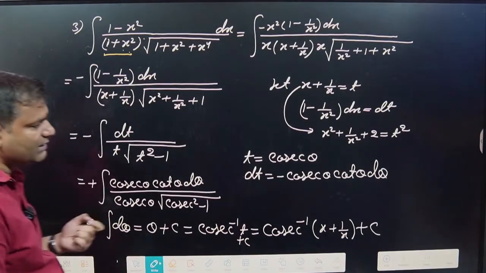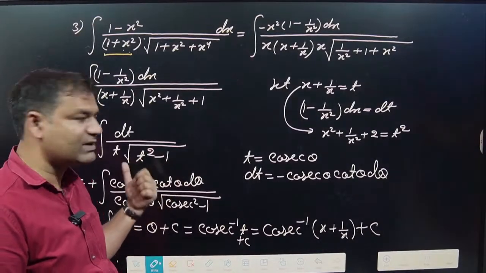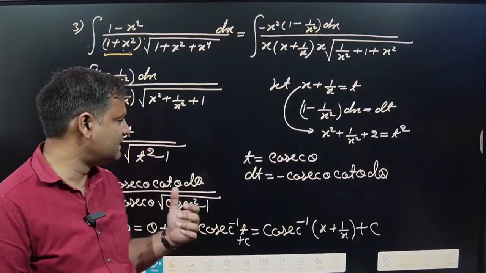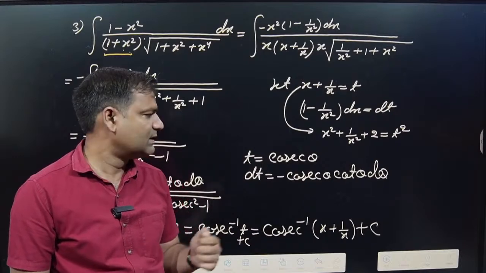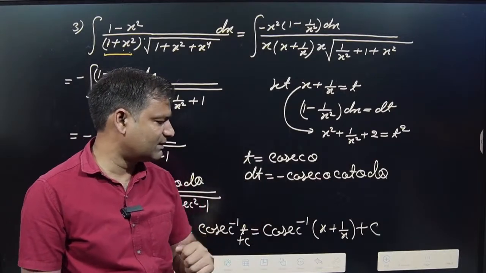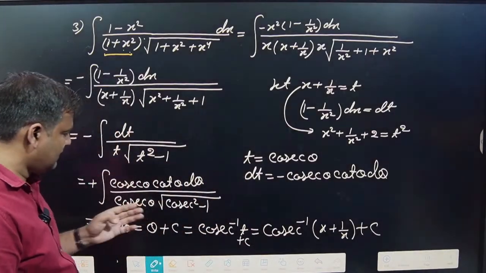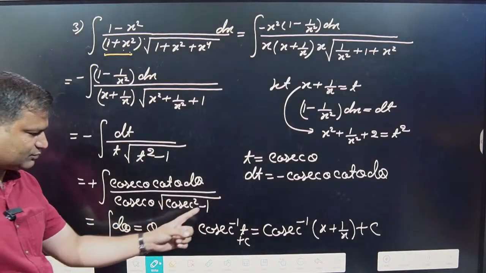After that, how can we integrate? In this section we take cos t, which equals cosec theta, then the differentiation of this is written like that and we put that value here.